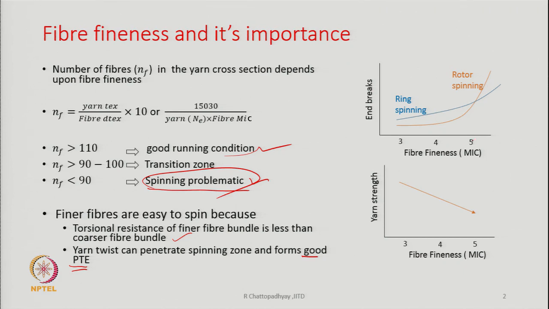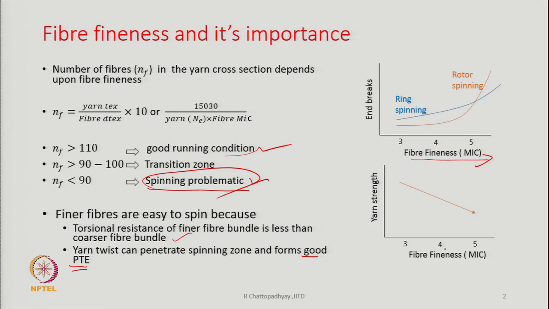Now, it is shown in this diagram that as the fiber becomes coarser, the end breaks rate goes up, whether it is ring spinning or rotor spinning, in both the cases. Coarser fibers mean less number of fibers in the cross section, cohesion is less, the twist is not in a position to penetrate the fibers which are there in the groove of the rotor, and as a result the end breaks will go up.